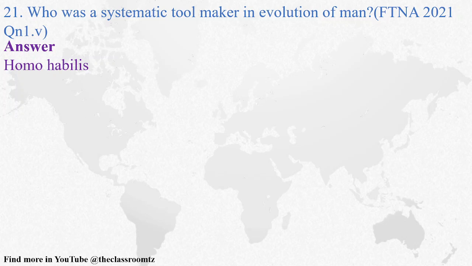That was Homo habilis. Please make sure you are able to differentiate these two humans, Homo habilis and Homo erectus. All of them come from Homo: Homo erectus, Homo habilis, Homo sapiens, Homo sapiens sapiens. But now we're discussing Homo erectus and Homo habilis. Homo erectus, upright man, walking on two limbs. Homo habilis, systematic toolmaker.